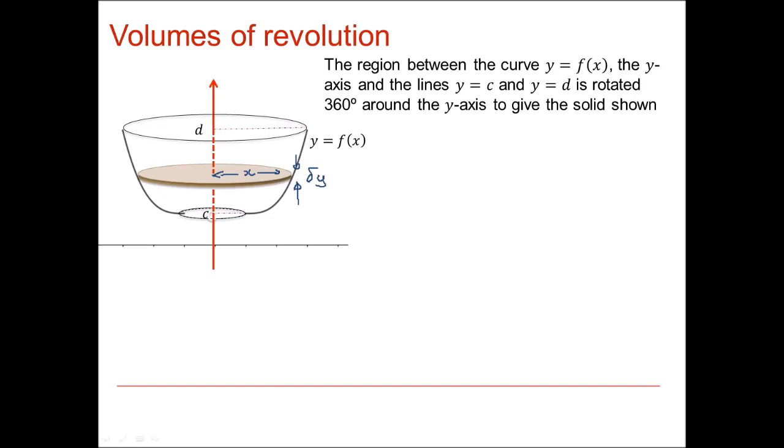So when we had volumes about the x-axis, we had that delta V was pi y squared delta x. In this case, we've got delta V is pi x squared delta y.